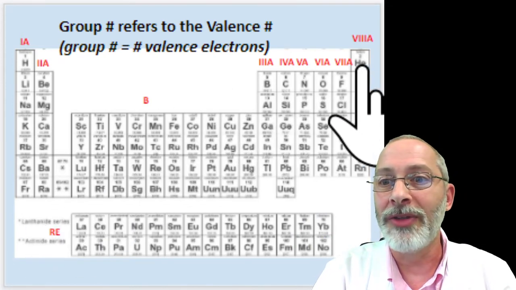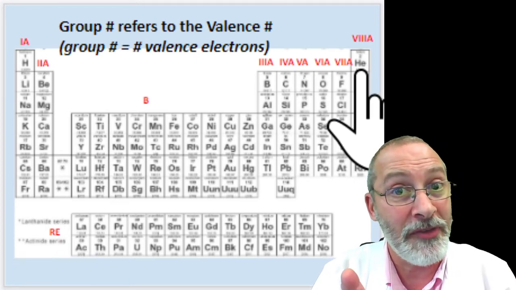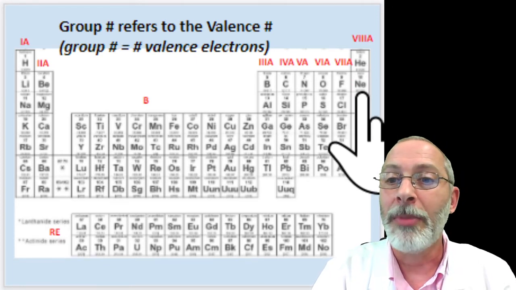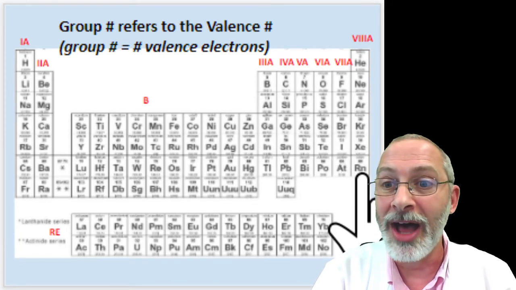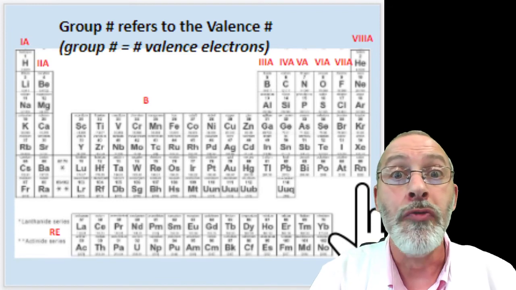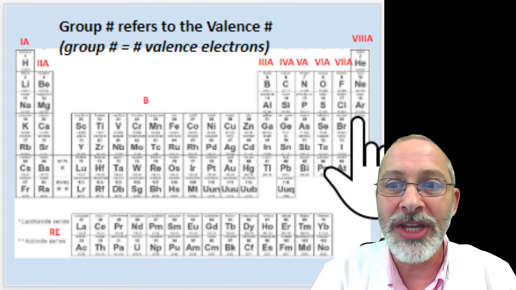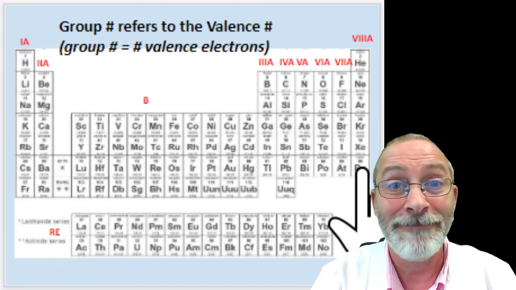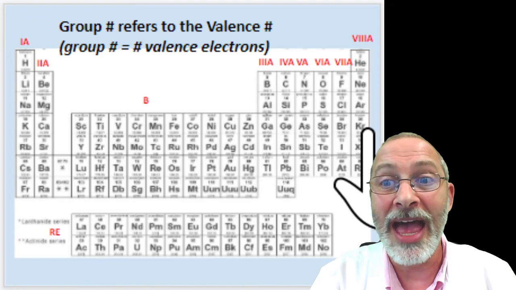Let's go over to the other side of the periodic table. And I'm going to skip over helium for now. We'll find out why in a moment. But neon, argon, krypton, xenon, radon. How many valence electrons do you think those elements have? 8. They're in group 8. They have 8.